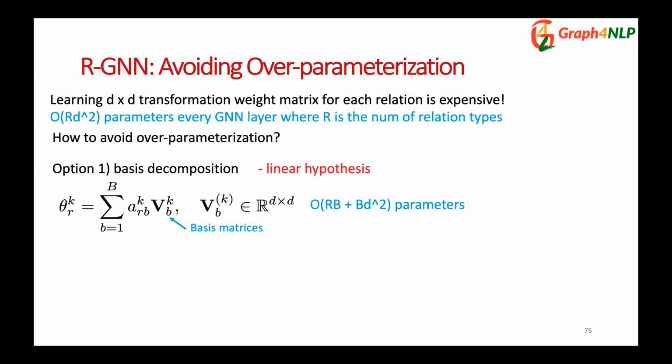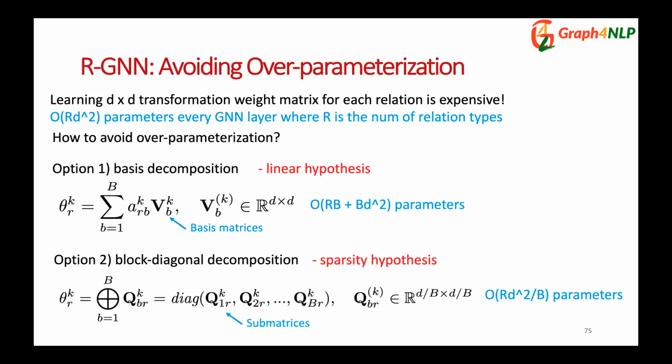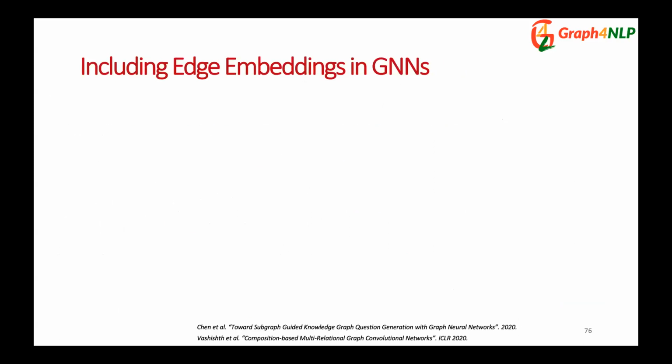One is basis decomposition, which regards the relation matrix as a linear combination of some shared bases. This can be seen as a form of weight sharing between different relations. The second strategy is block diagonal decomposition, which can be seen as a matrix sparsity constraint. Both approaches help alleviate the over-parameterization problem of the RGNN model.